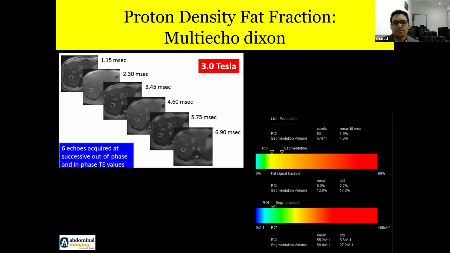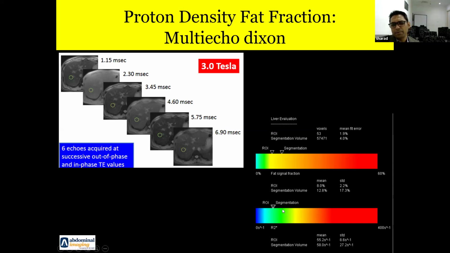While scanning, you just create a few ROIs, and once the scan is done, you get a colored image like this, where it has the percentage and scale. So it becomes very easy. It comes with a fat percentage.